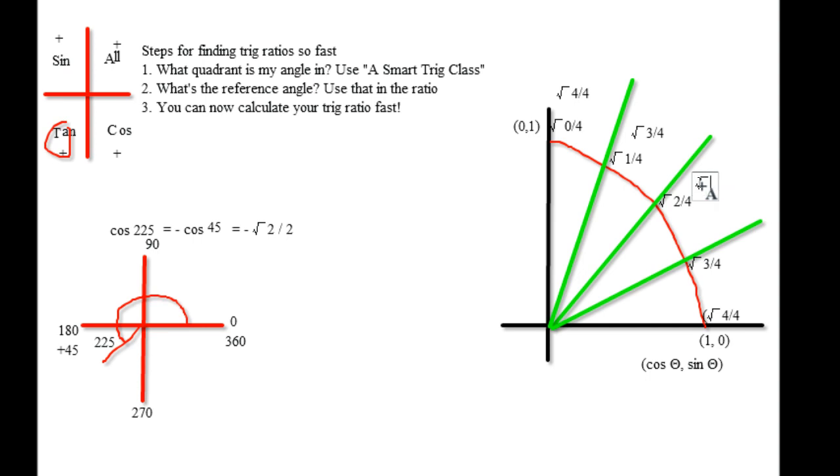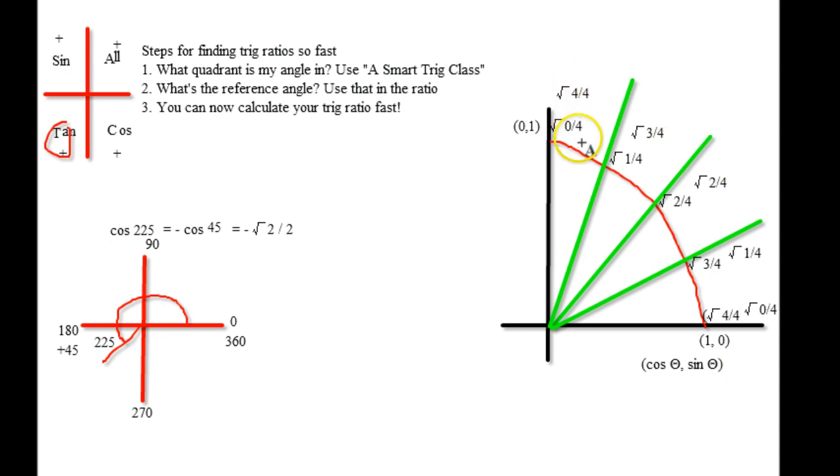Oops, no, not 2 over 2, 2 over 4, and then the square root of 1 over 4, and then the square root of 0 over 4. Okay? And so that's going to be the coordinates for how you work this stuff out.